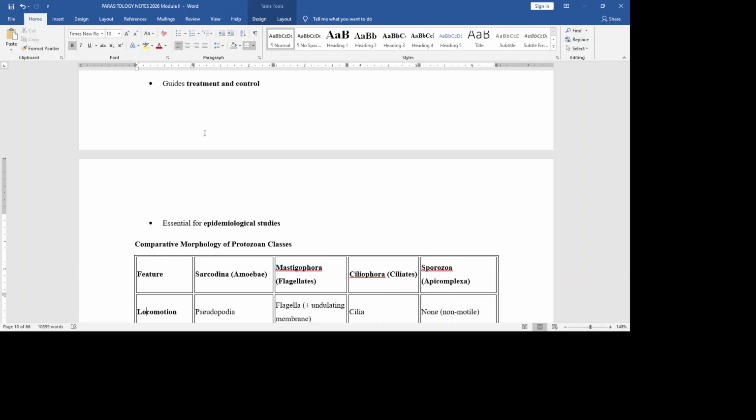We know that some diseases are endemic in some areas, while in other places they are very rare.